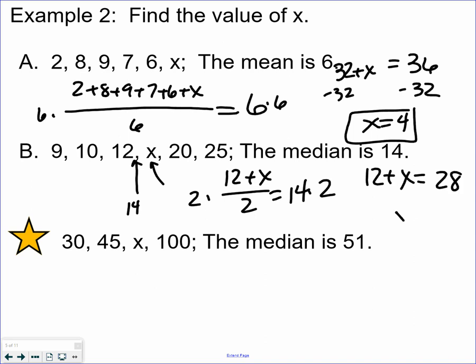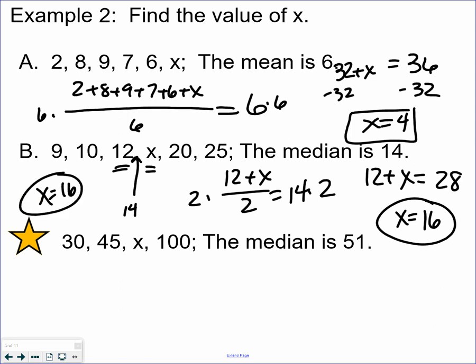So multiplying both sides by 2, x would have to be 16. So that was the mathematical behind it. Let's get more logical with it. If I told you that 14 was in the middle, and you are at 12, the other person would have to be at what in order for 14 to be the middle? And the answer to that question is 16.